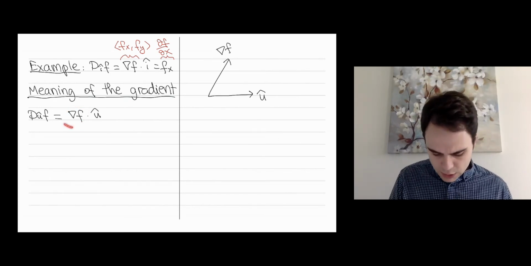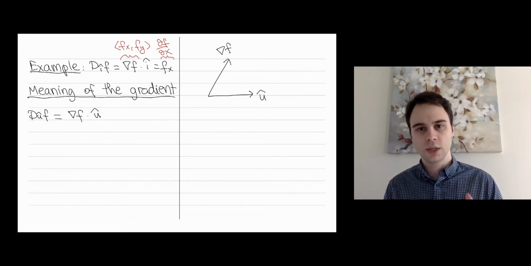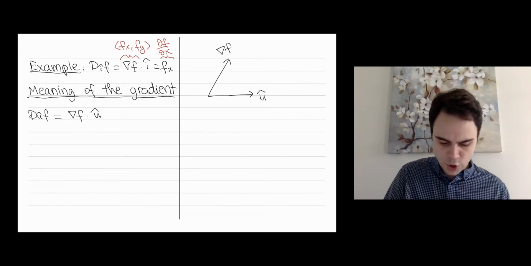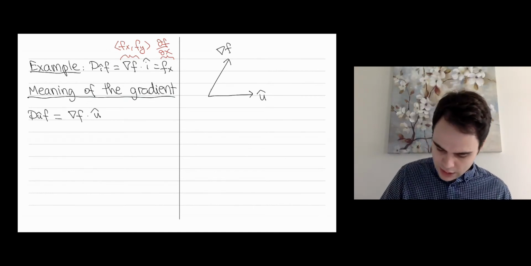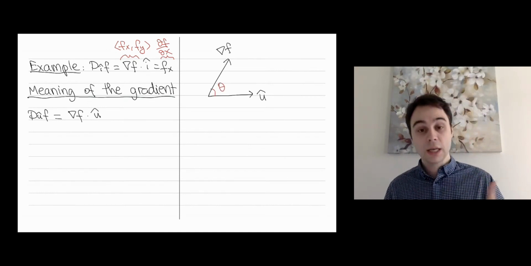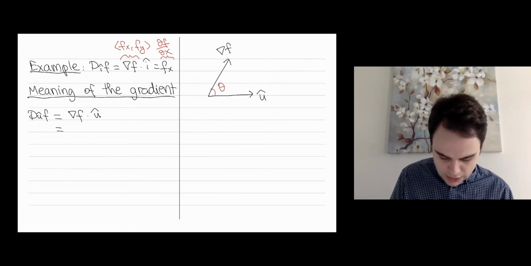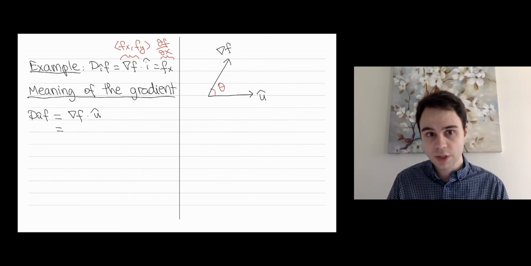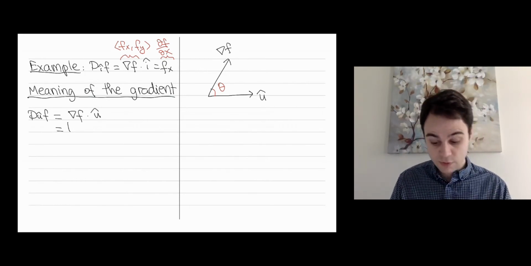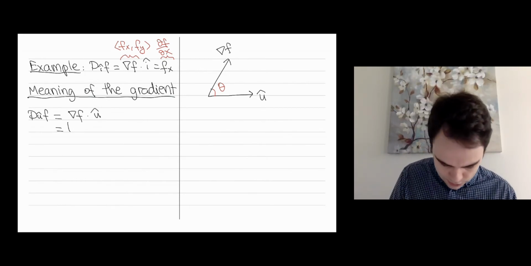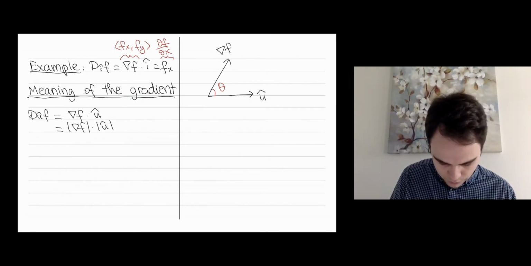So let's expand this dot product. Let's think of this dot product in terms of geometry, right? So the key here is that there's an angle between the gradient and u, and we've seen that when we do the dot product of two vectors, we can express this in terms of the cosine of this angle theta. So you get the length of the gradient of f times the length of u times cosine theta.